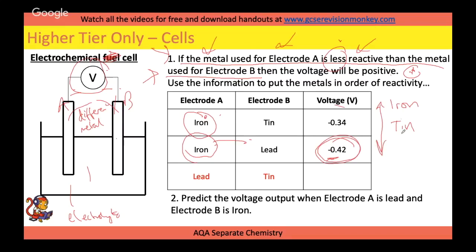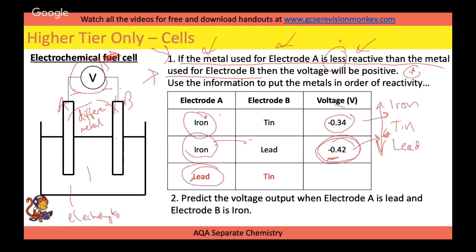So we know that lead must go below tin because this had a difference of 0.34 and this had a difference of 0.42. Then we need to predict what the voltage output is going to be here.